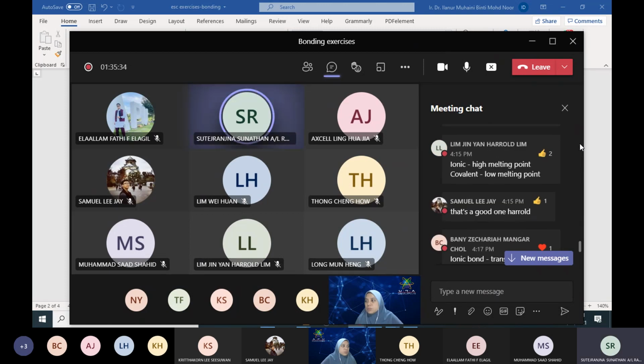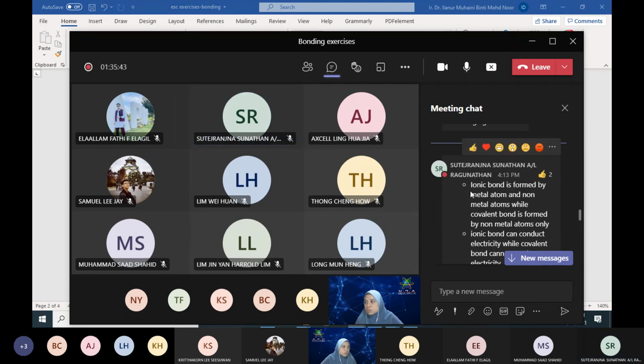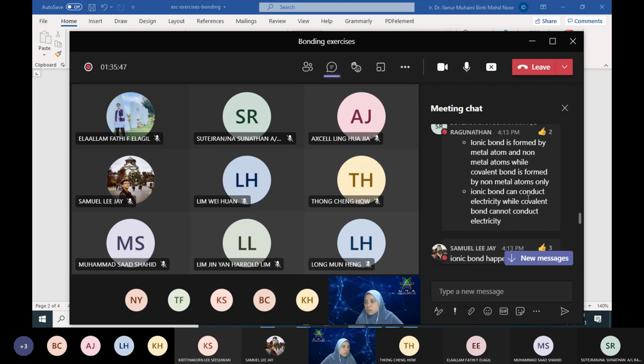Yes, how many marks will I get for my explanation, miss? Sultan Raja: ionic can conduct. This one is 2 marks for only ionic. You haven't finished the covalent, right?